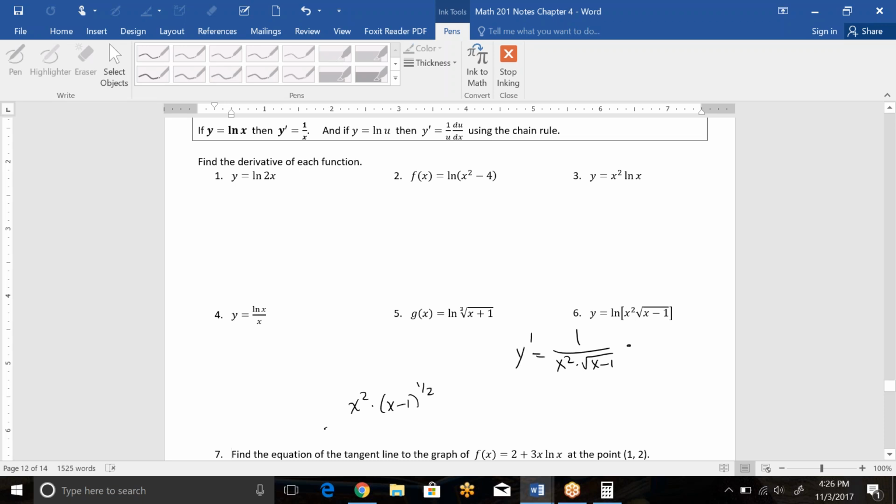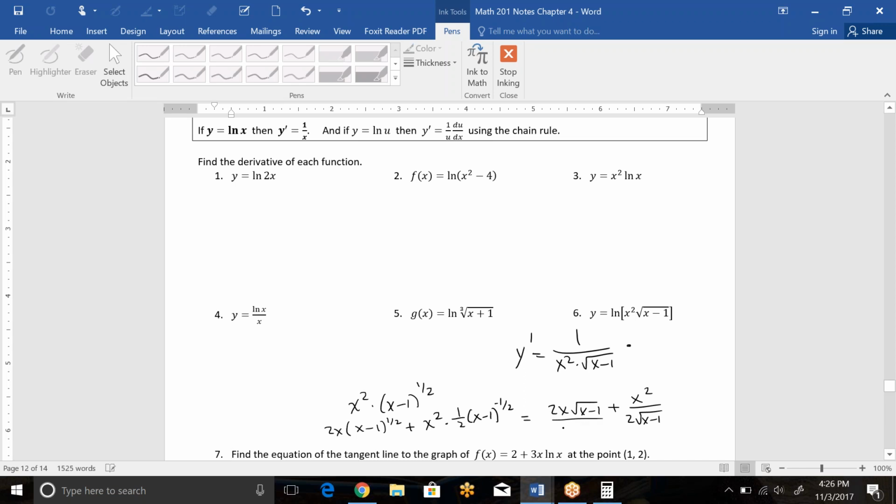So derivative of the first would be 2x times the second, which would be x minus 1 to the 1/2, plus the first one times the derivative of the second, which would be 1/2 x minus 1 to the negative 1/2. So this is going to be 2x square root of x minus 1 plus x squared over 2 square root of x minus 1. That's just for this derivative up here. And I would try to get a common denominator here.